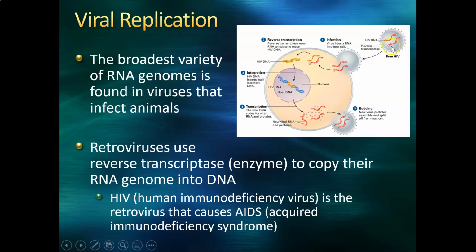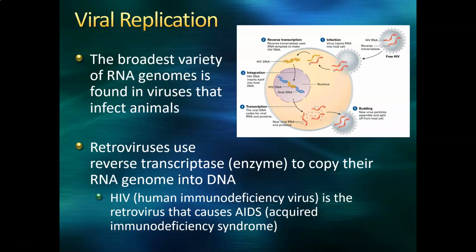so they have that glycoprotein lipid membrane, they have the capsids on the inside, but they also carry the enzyme called reverse transcriptase. And if you break that enzyme name down, well, the ASE should be recognizable to you as an enzyme, and it's reversing transcription. So if you remember the flow of genetic information in cells, it's typically DNA to RNA to protein.